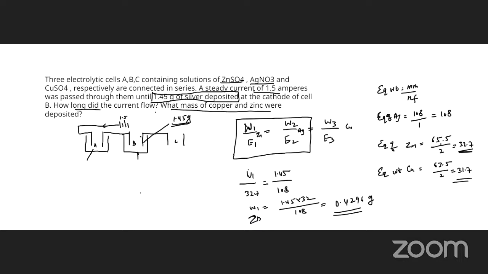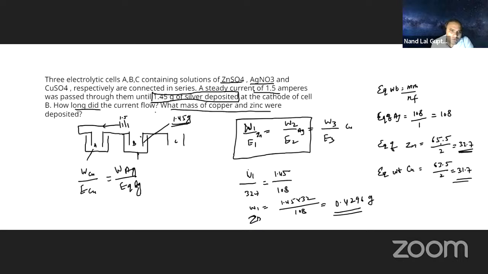Now, Sanjay, see here. W of copper upon equivalent weight of copper, and then we are calculating W of Ag upon equivalent weight of Ag. So W of Cu we have to find out. The equivalent weight of copper we have calculated here is 31.7. 31.7 equals W of Ag, it is depositing 1.45. The equivalent weight of silver is 108. So if you are calculating W of Cu, it is 1.45 multiplied by 31.7 divided by 108.